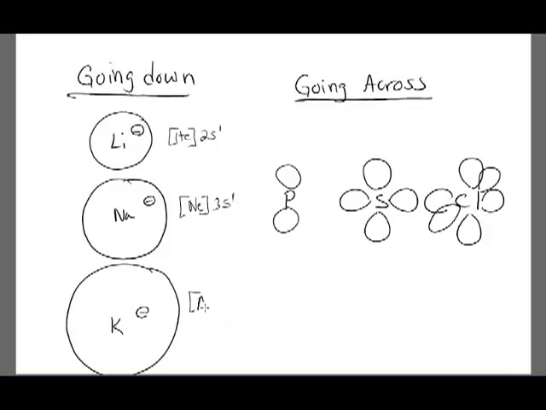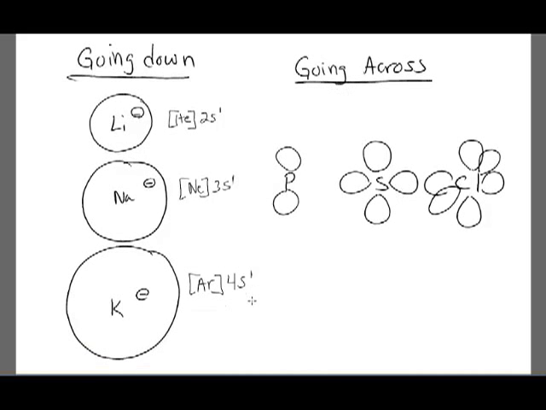Keep on going down the group, and you have potassium, which has this configuration. And so you can see that you're going up in n as you go down a group. So you're going from period 2 to period 3 to period 4, and they get bigger and bigger because they are in larger n values. Okay, so that's a fairly understandable trend.